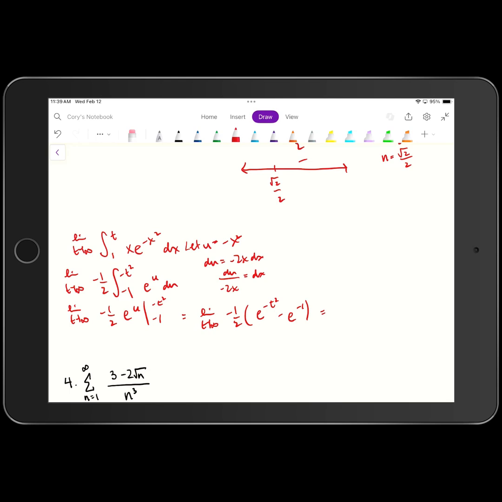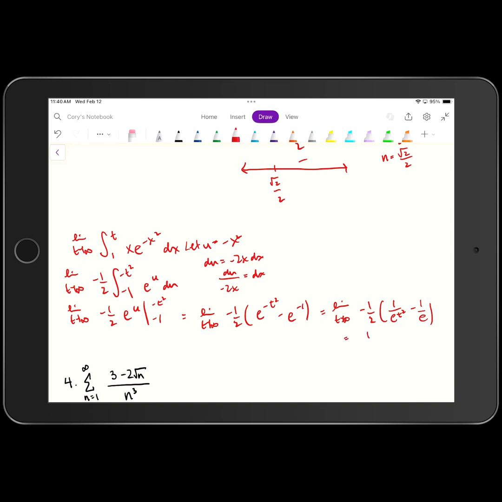So I can think of this as the limit as t goes to infinity of negative 1/2 times 1 over e to the t squared power minus 1 over e. As t goes to infinity, the denominator, e to the t squared, goes to infinity, so 1 over e to the t squared goes to 0.